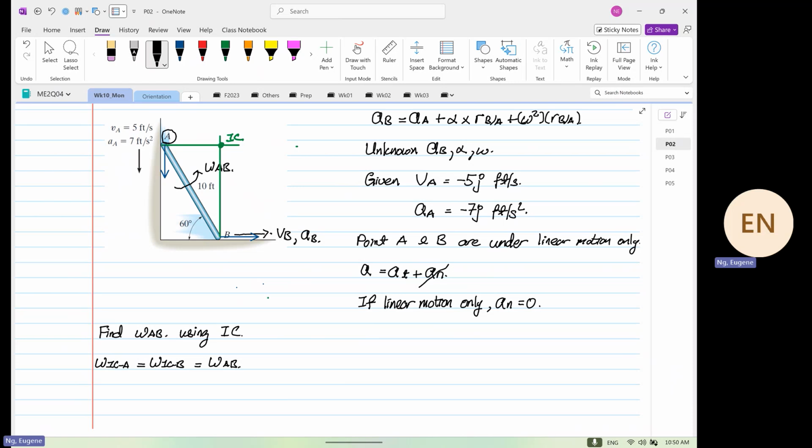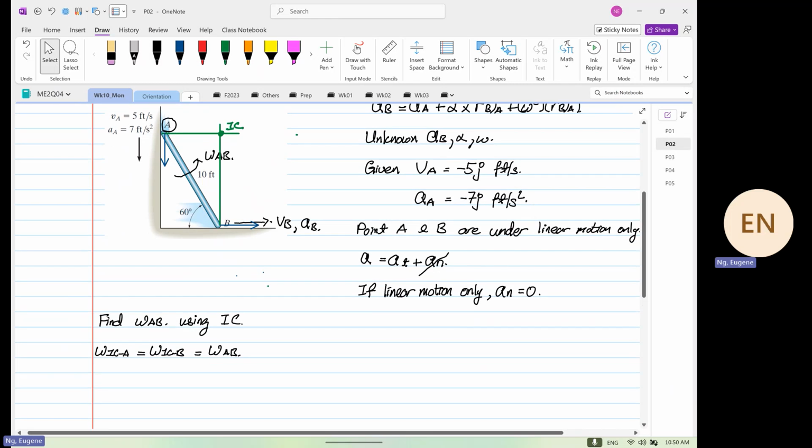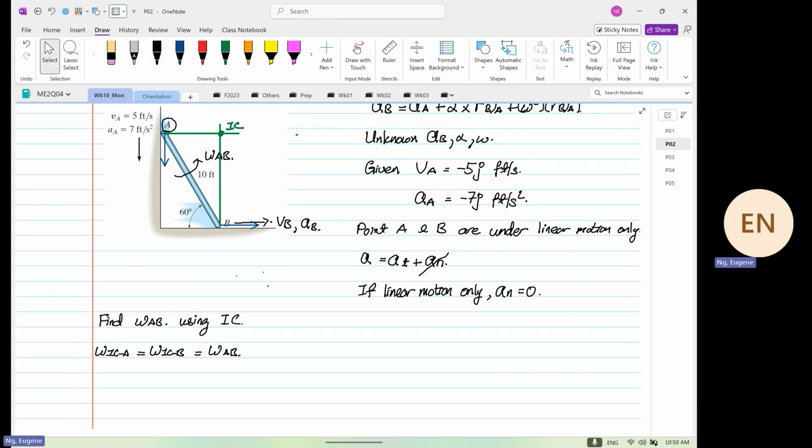So from here, we can identify what our omega AB is. Before we can do that, we know that VA is equal to omega ICA, and then we are going to find the distance IC to A.